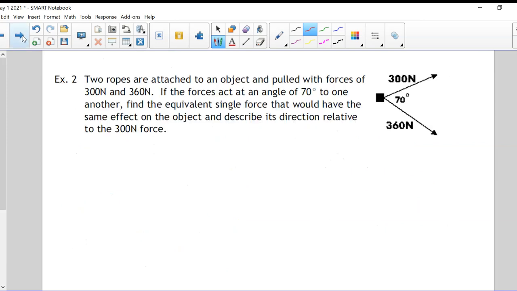Okay, let's move on. Same question, but now we're going to try this using components and show you how that works. This is the thing that I think a lot of you have probably seen in your physics class. So I'm going to set up the first vector to be somewhere along the coordinate plane.